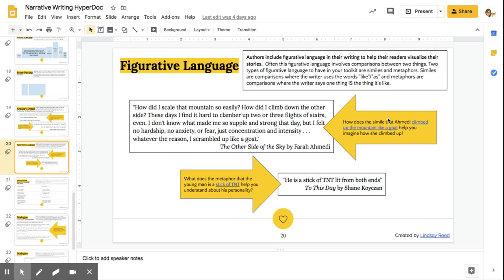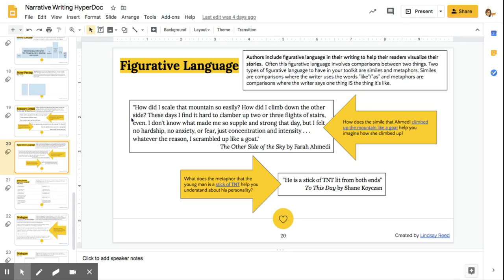So let's look at our two examples here that we've got. So this one comes from The Other Side of the Sky. And it says, "How did I scale that mountain so easily? How did I climb down the other side? These days I find it hard to clamber up 2 or 3 flights of stairs even.